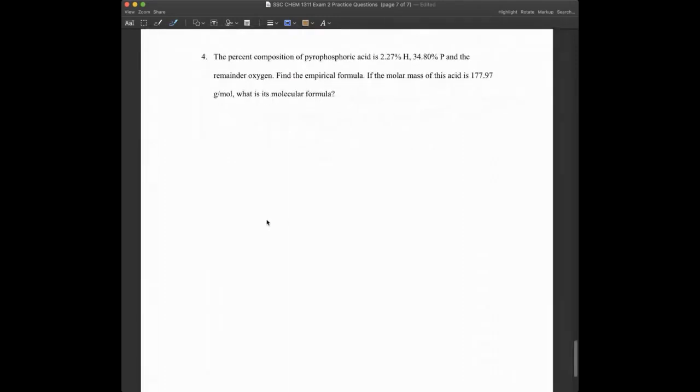Okay, so this problem, similarly, says the percent composition of pyrophosphoric acid is given, with the remainder oxygen. Find the empirical formula. If the molar mass of this acid is that number, what is the molecular formula? Okay, so the remainder is oxygen, so let's go ahead and try to find that. What would the remainder oxygen be in this case, if we're given the two other percentages?